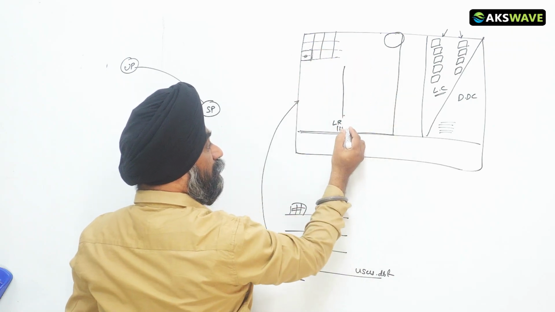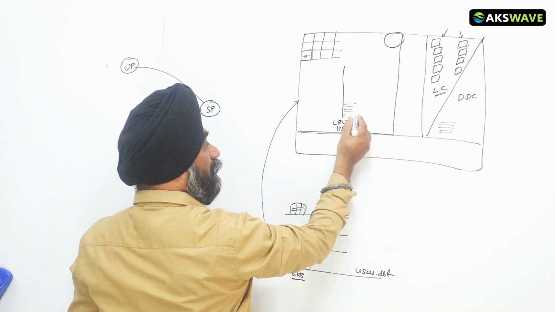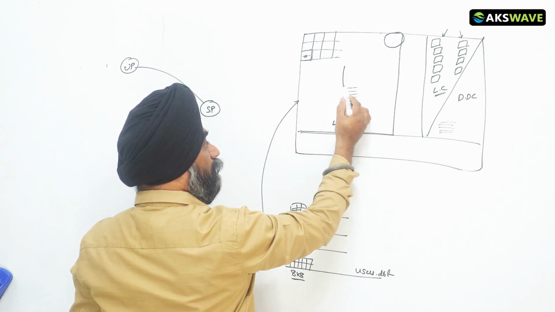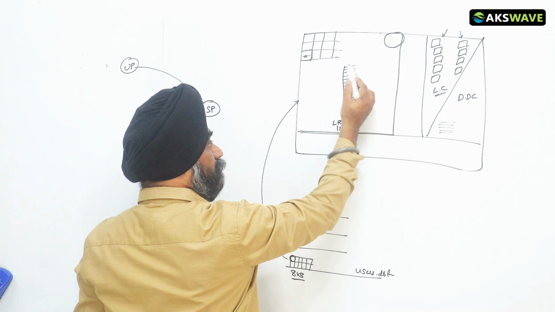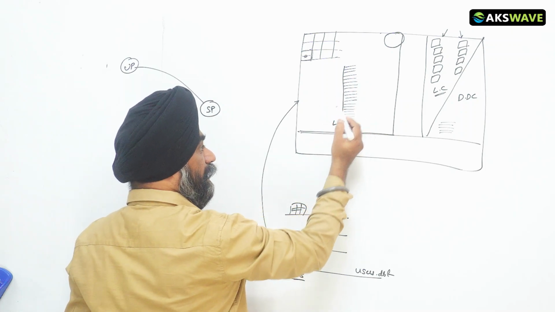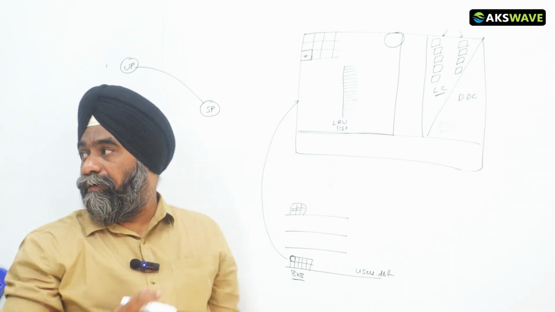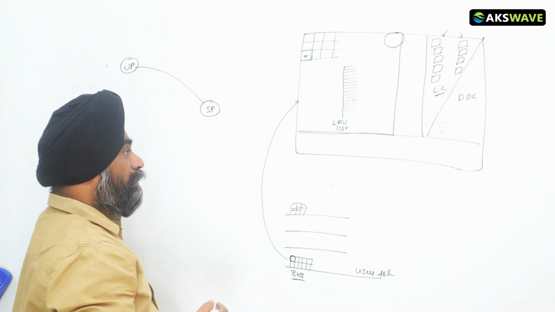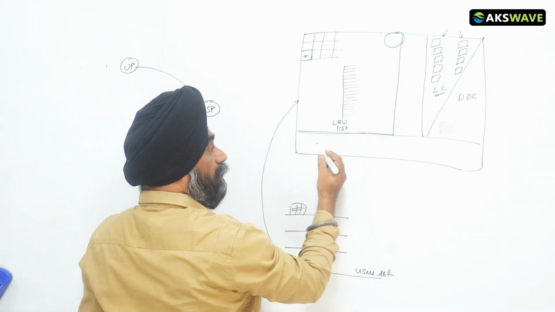All buffer addresses are maintained. What is it maintaining? All buffer addresses. They are just maintained in an order.